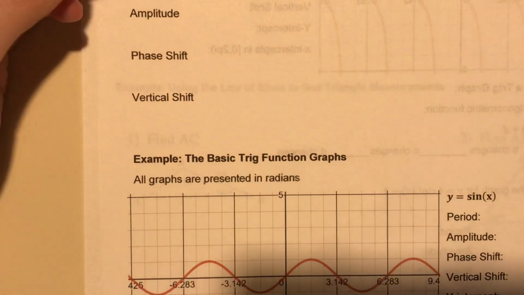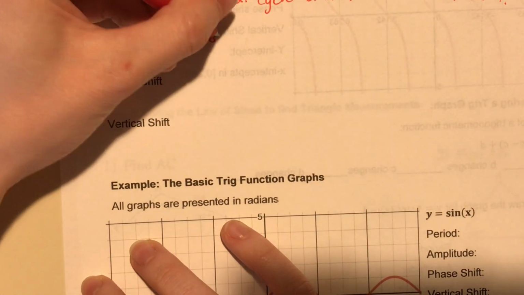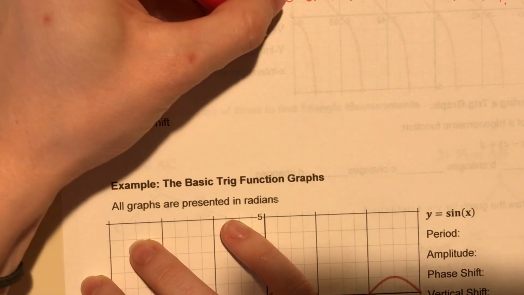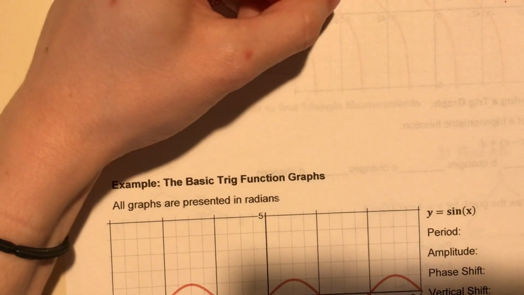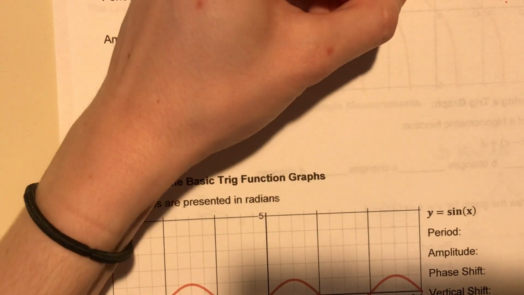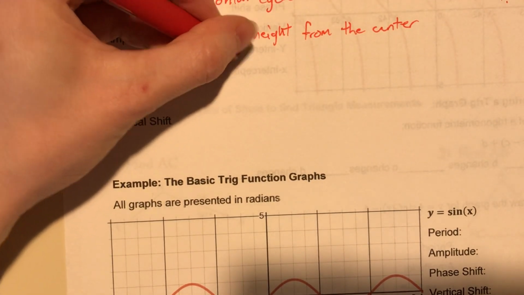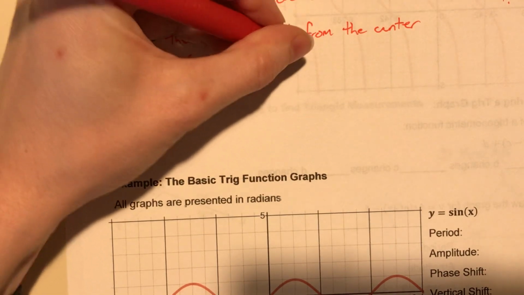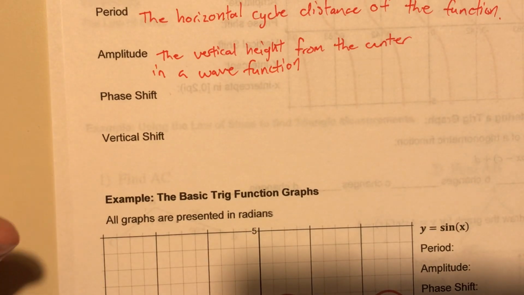All right? The amplitude of a function is the height of the waves of the function. So I'm going to call that the vertical height from the center, that's important, in a wave function, because trig functions are not only periodic functions, they're wave functions, which is a special kind of periodic function.